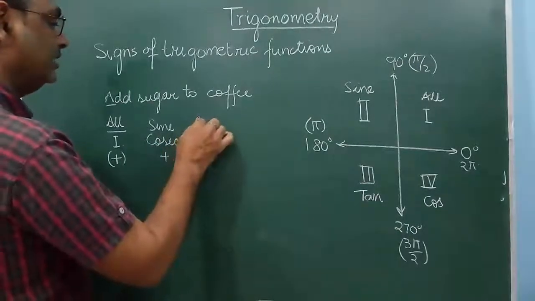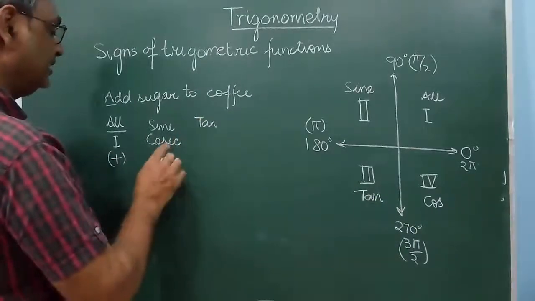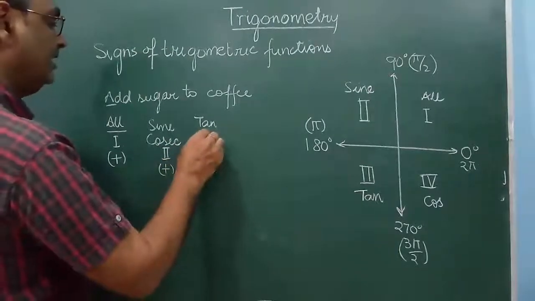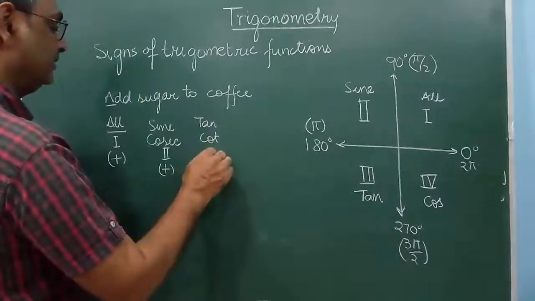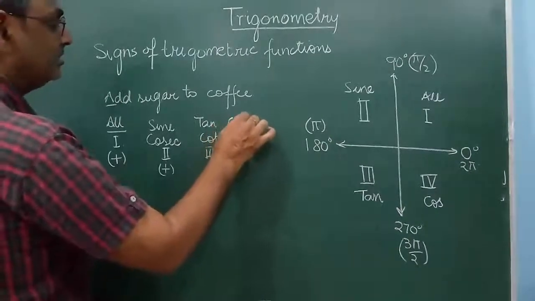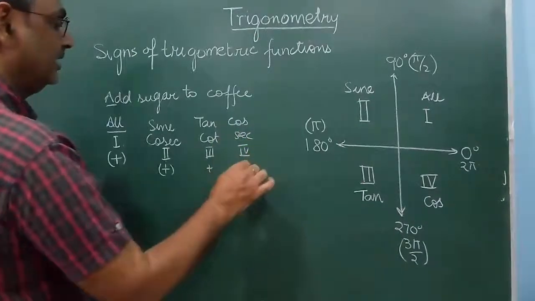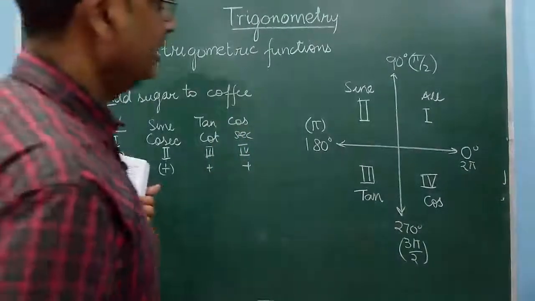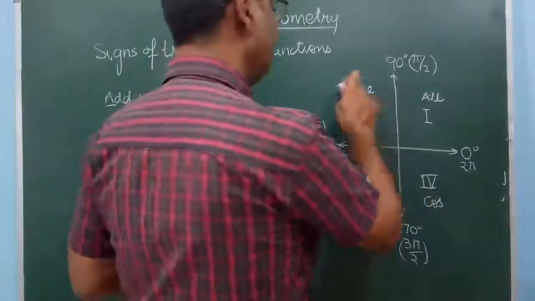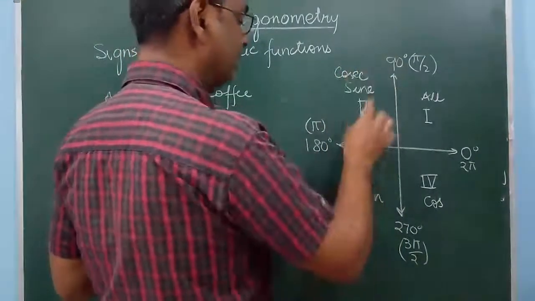Here in the third quadrant, tan and cot are positive, rest are negative. Here cos and sec are positive, rest are negative. Means in the first quadrant all trigonometric functions are positive. In the second quadrant cosec and sine are positive.